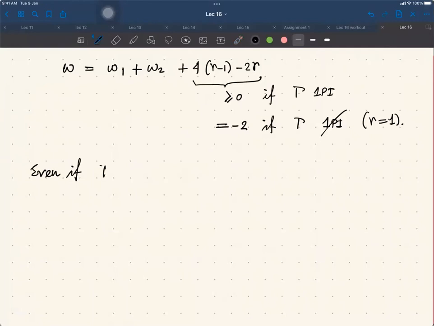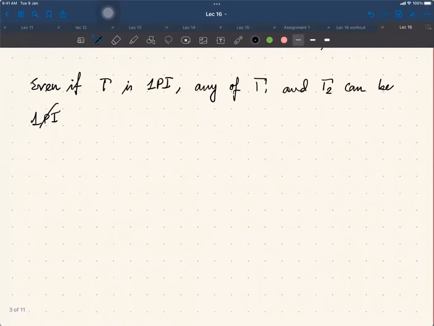Even if gamma is 1 pi, any of gamma 1 and gamma 2 can be non 1 pi, and the way it can happen is that you separate out gamma 1 into, say, gamma A and gamma B, such that they are connected by a single line.